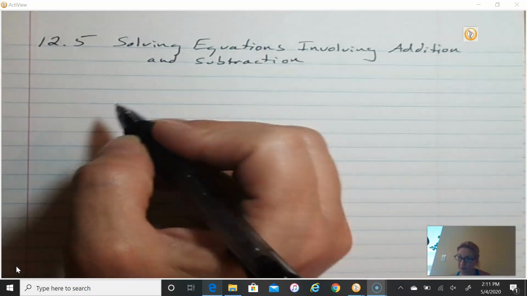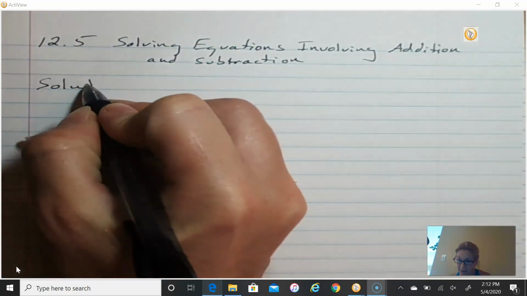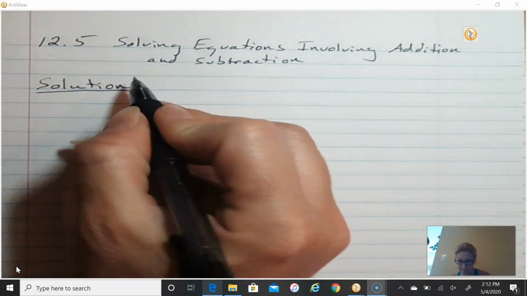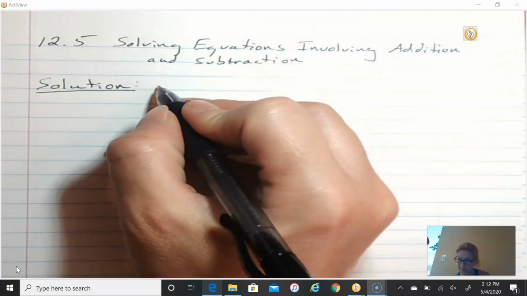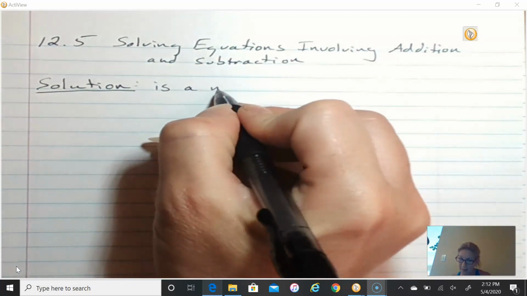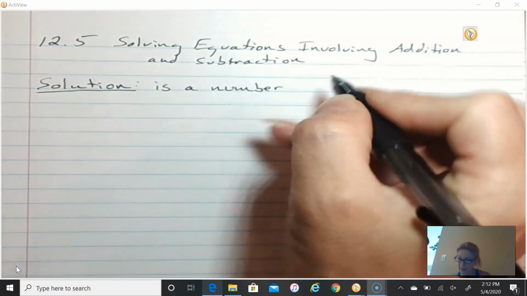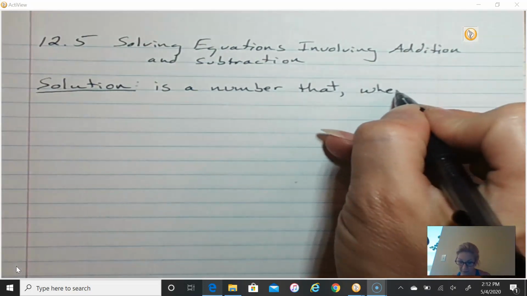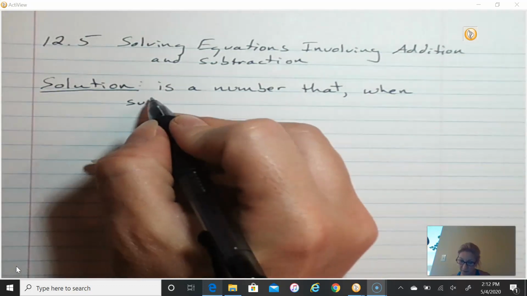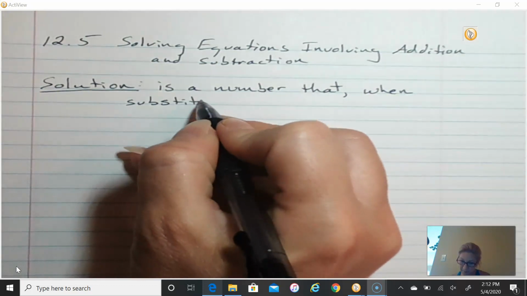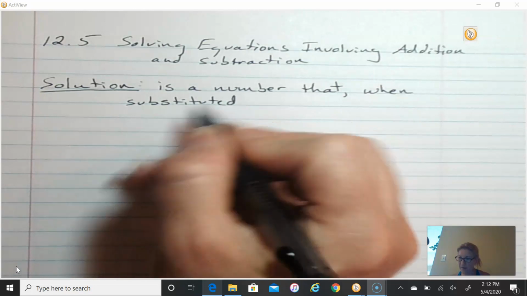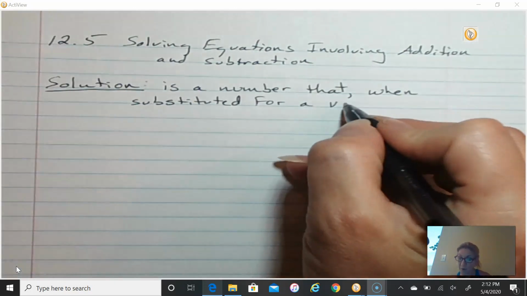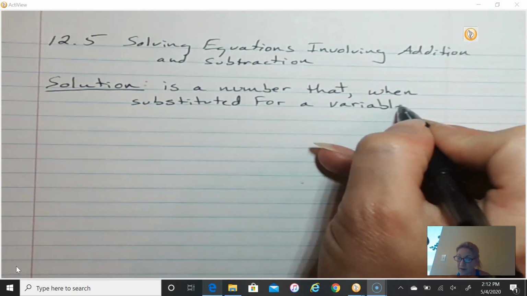Okay, so the only definition is solution. A solution is a number that, when substituted for a variable, remember what a variable is?